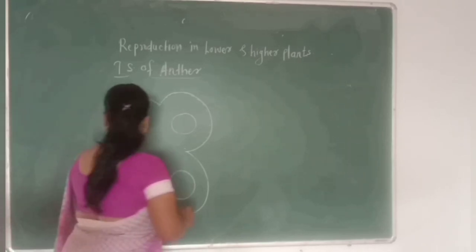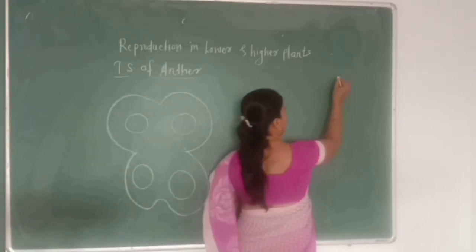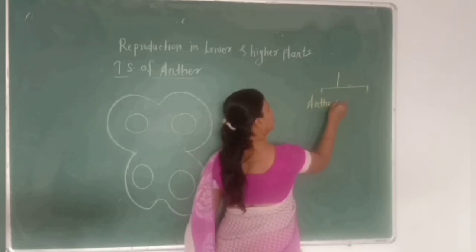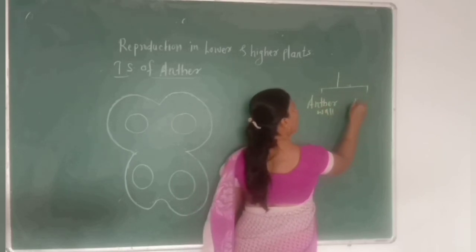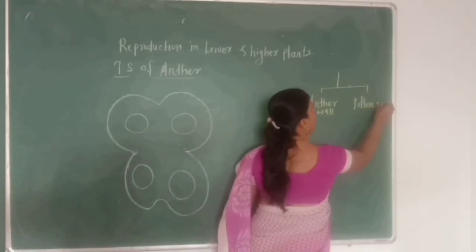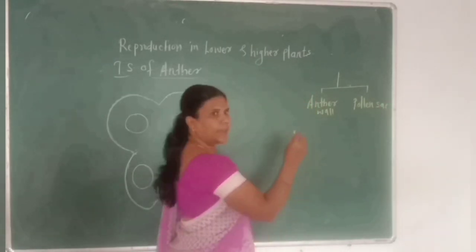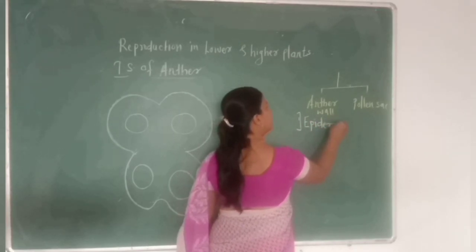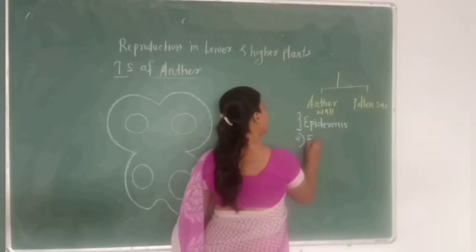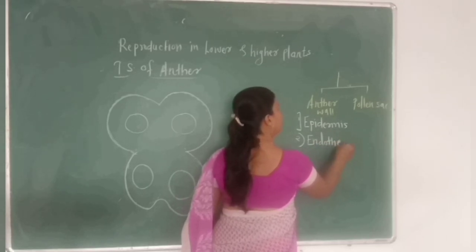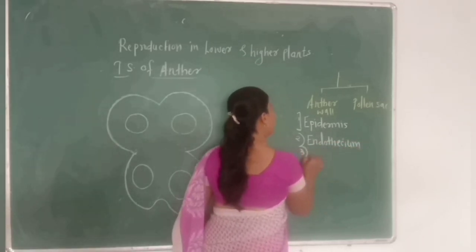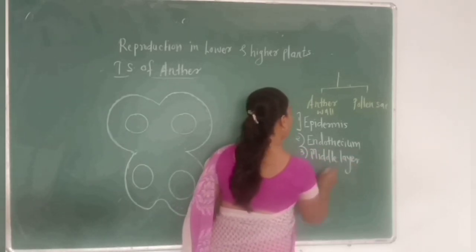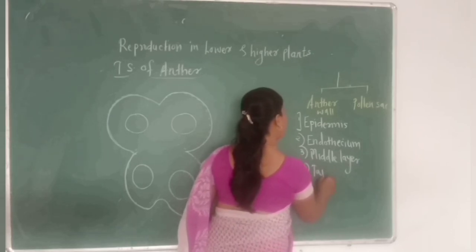Tiers of anther mainly show two parts: anther wall and pollen sac. First we draw the chart. Anther wall again consists of four layers: epidermis, second is endothecium, the third layer is the middle layer, and the fourth layer is tapetum.